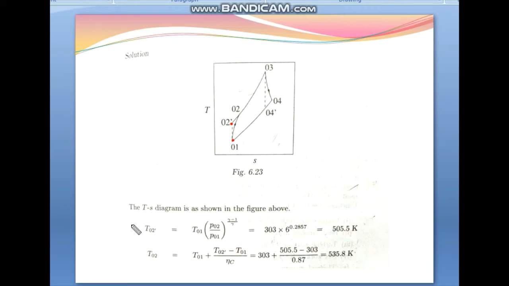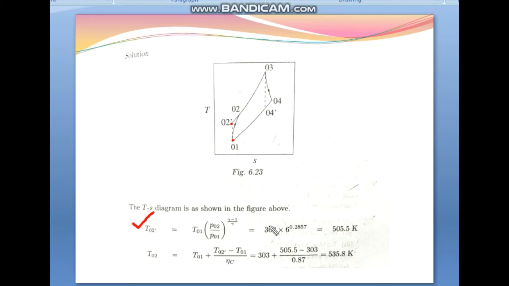So let's first find the temperature T2 dash. T2 dash is equal to T1 into (P2 by P1) to the power (gamma minus 1) by gamma. T1 temperature is 30 degrees Celsius, that is 303, into 6 to the power (gamma minus 1) by gamma.